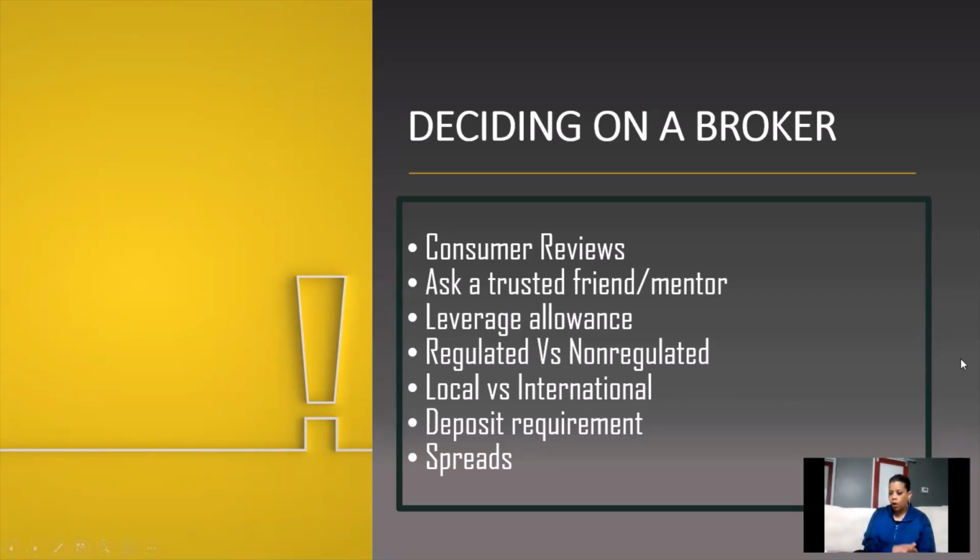Also, you want to look at the allowance of leverages. And leverage is, and I'll put a video, no, I won't, I'll just tell you. Leverage is simply buying power that your broker allows your dollar to have. Some people do have a 1 to 50 leverage, which means for every dollar you bring, it spends like it's 50. Those low leverages are going to take you forever to make money.